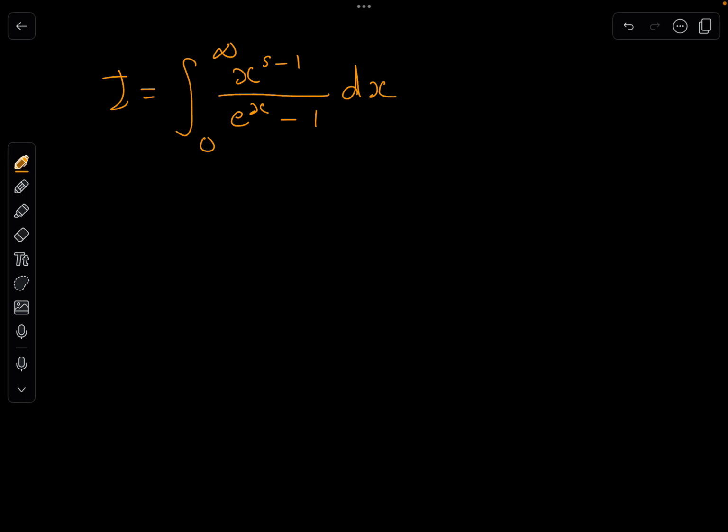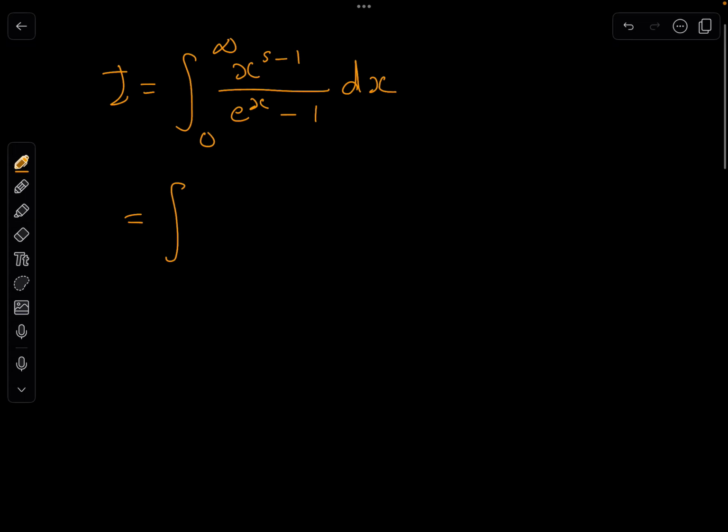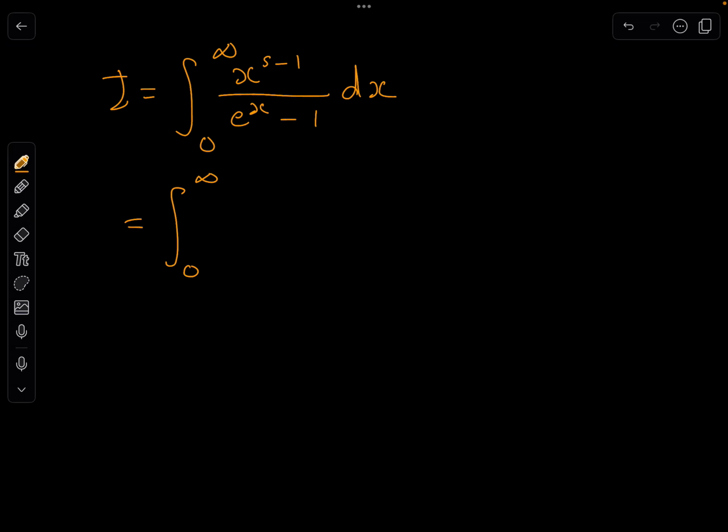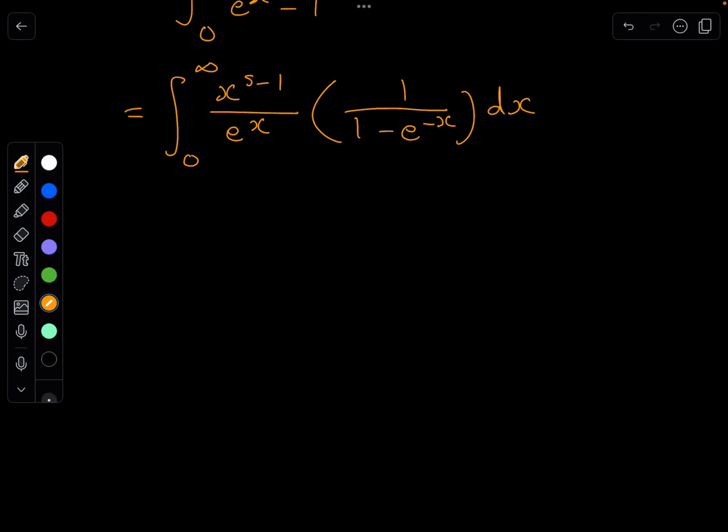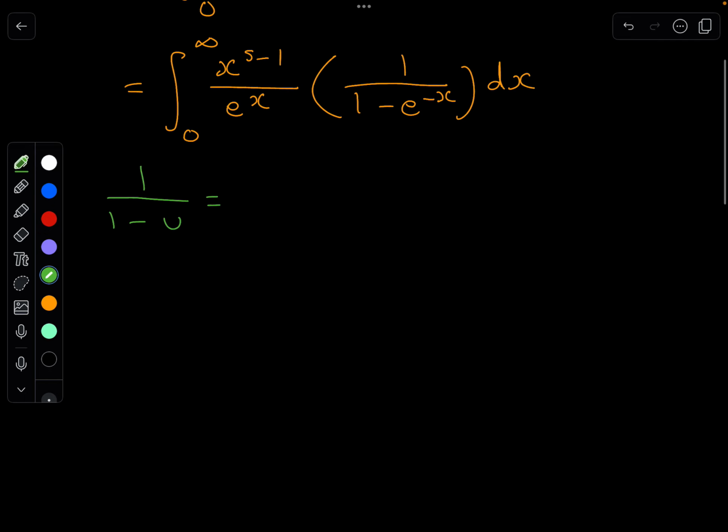To start off, I can rewrite the integrand in a different form. So we have the integral from 0 to infinity of x to the s minus 1 over e to the x multiplied by 1 over 1 minus e to the negative x, dx. The reason I did this is because this fraction has a well-known summation. It's 1 plus u plus u squared and so on, if and only if the absolute value of u is less than 1.